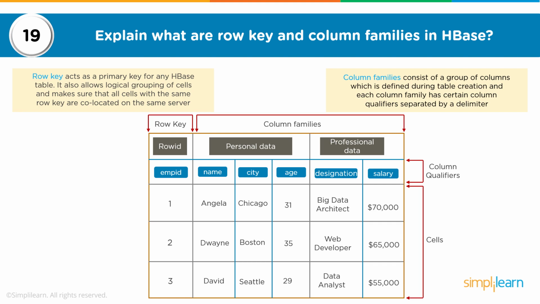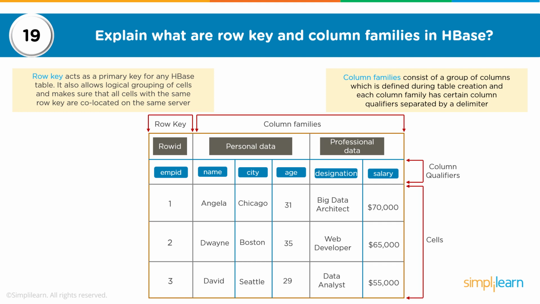A column family consists of a group of columns which is defined during table creation, and each column family can have any number of column qualifiers separated by a delimiter. Now, a combination of row key, column family, column qualifier such as name, city, age, and the value within the cell makes HBase a unique 4-dimensional database.